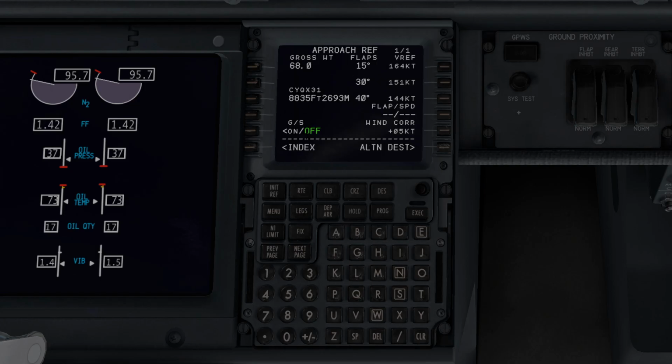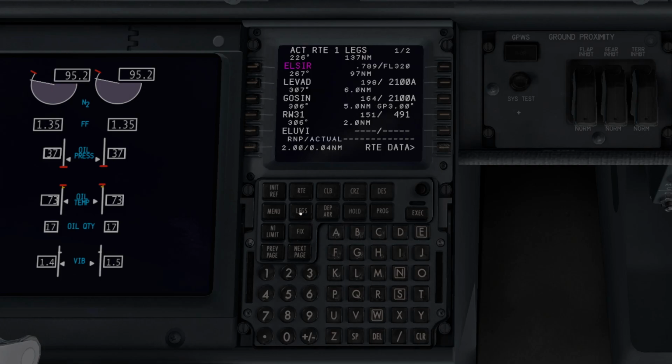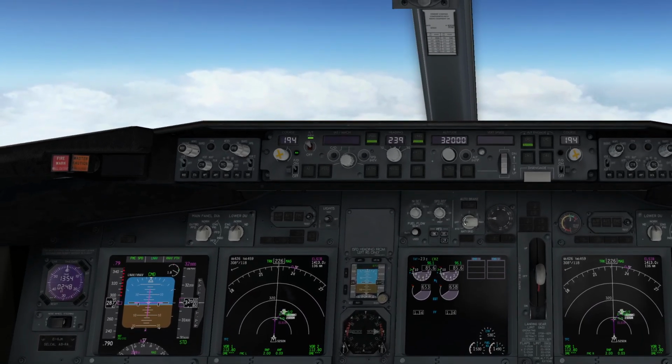Runway length is 8,800 feet, so on the verge of auto brakes 3 probably, to be on the safe side. Approach speed 151, flaps 30. So we will select auto brakes 3.